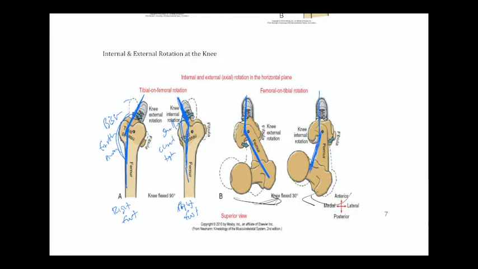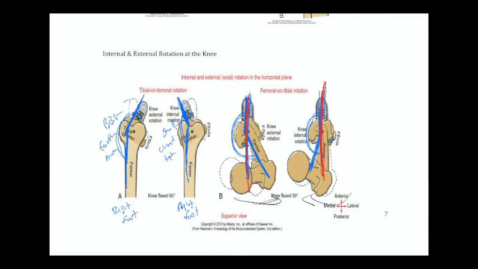If you were standing straight without any rotation at all, that would be neutral. So neutral would be this line down the middle.